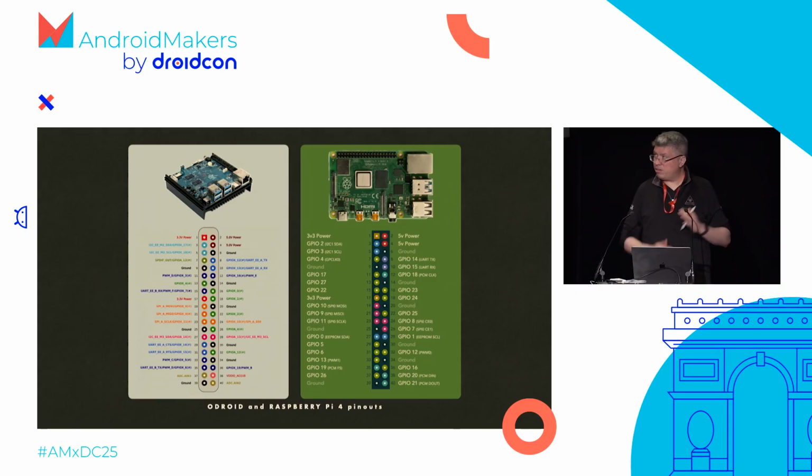You have another category of pins on these boards called PWM pins, pulse width modulation pins. They allow you to generate a specific electric signal. We'll see in a moment what that's for. And you have more complex pins, the I2C and the SPI pins, and you even have something called a UART pin. So if that's all alphabet soup to you, the way to sum it up is they're all buses.